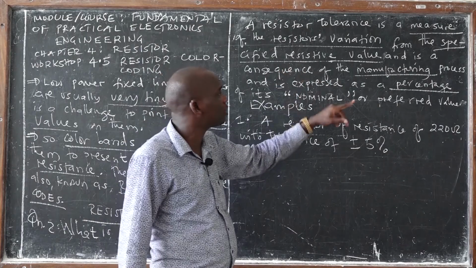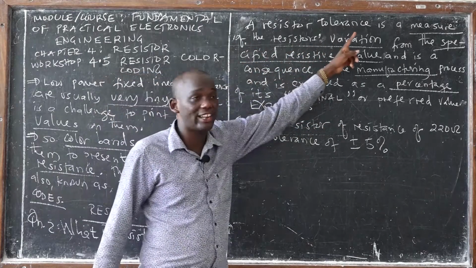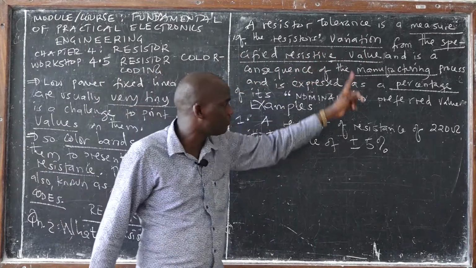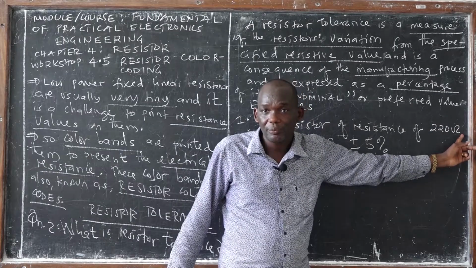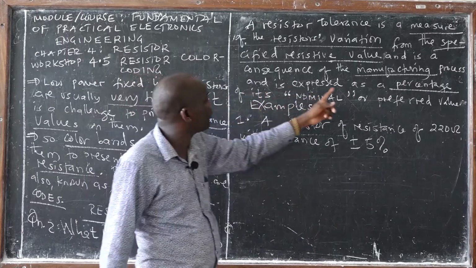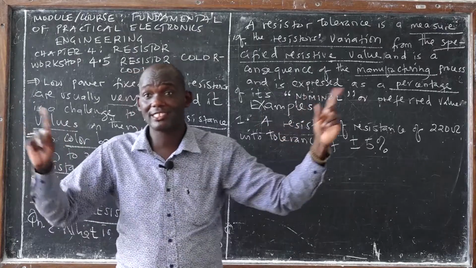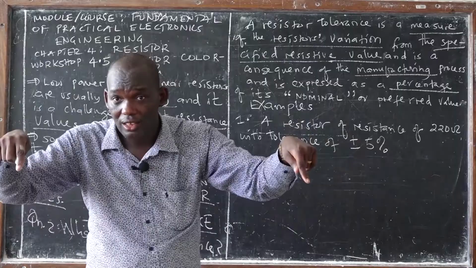A resistor tolerance is the measure of the resistance variation from the specified resistive value, where that specified value is 220 ohm. It is a consequence of the manufacturing process. So what does it mean? It means the manufacturer decides the resistor tolerance, not you, the user.